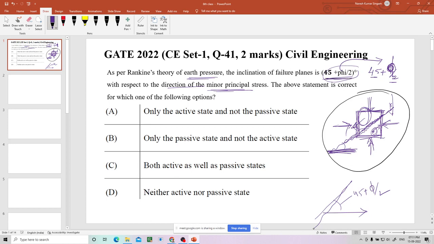So now let's read the options. Only the active state, not the passive state. Only the passive state and not the active state. Both of them, neither of them. So those are the options. In which state is this inclination of the failure plane equal to 45 plus phi by 2 with respect to the direction of the minor principal stress? Let's see how it is.